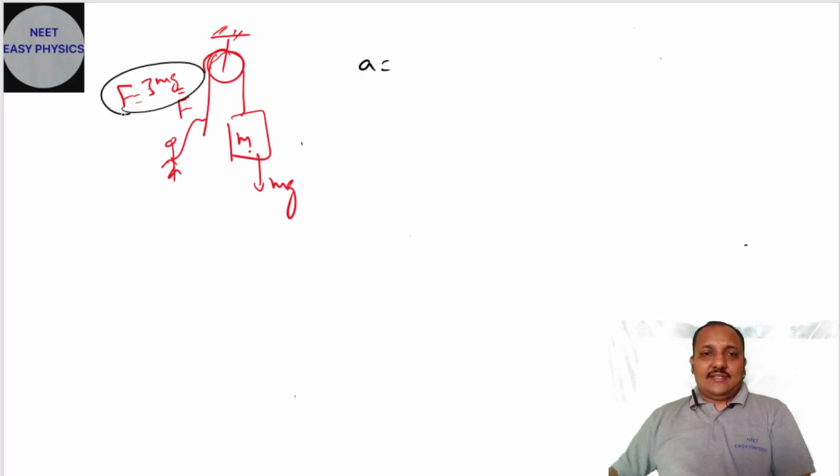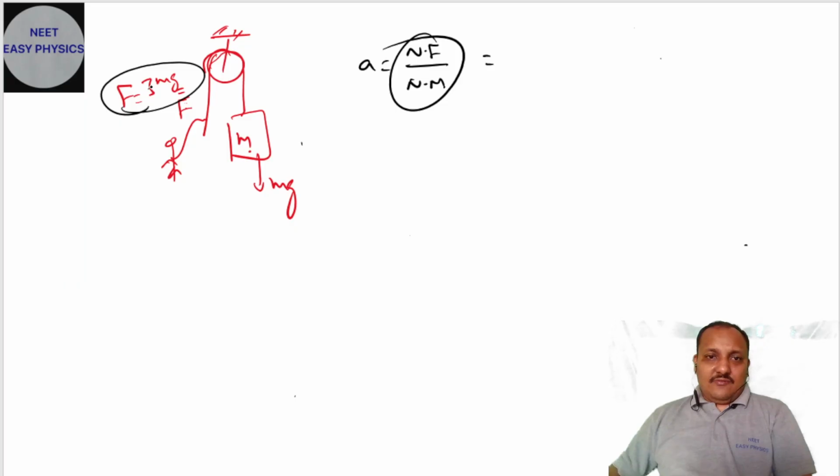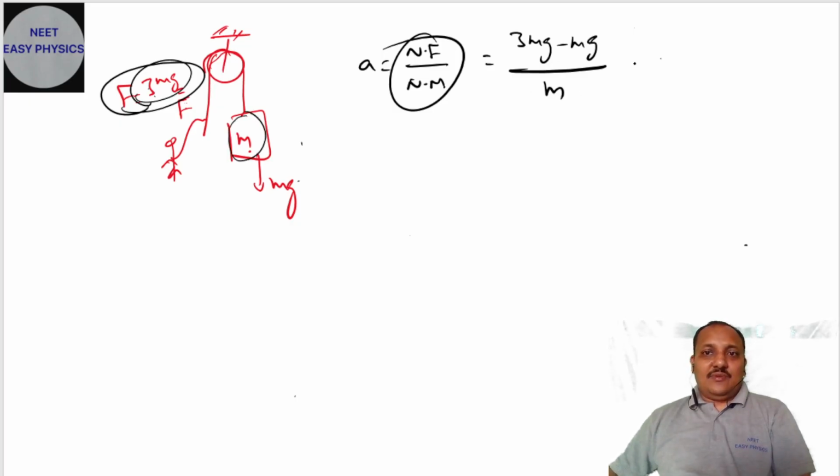What is the acceleration? Net force by net mass. What is the net force? 3 mg minus mg. Net mass means here only one mass is suspended, therefore m. Therefore, 2 mg by m. Therefore, acceleration is nothing but 2g we are going to get.